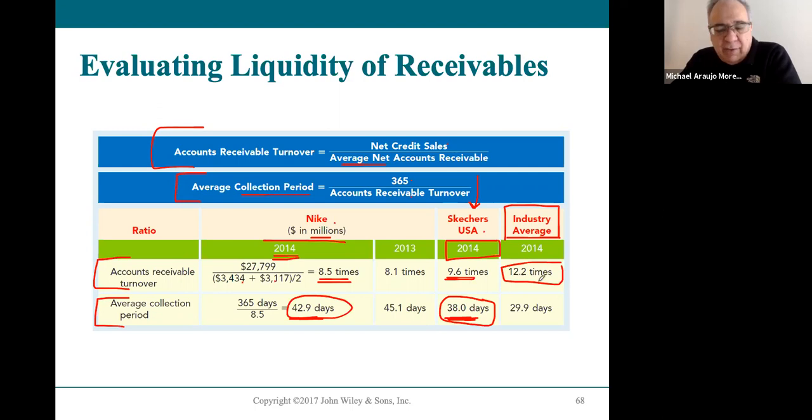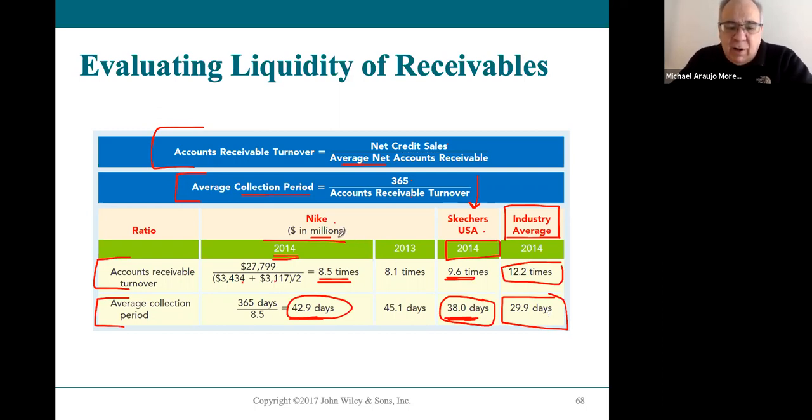When you take that and divide that under 365, you'll get roughly 30 days, right? So the industry basically is on time with its receivables. It's able to keep its receivables collected frequently. 12.2 times a year is perfect, roughly every 30 days. So that's terrific. That's really terrific.